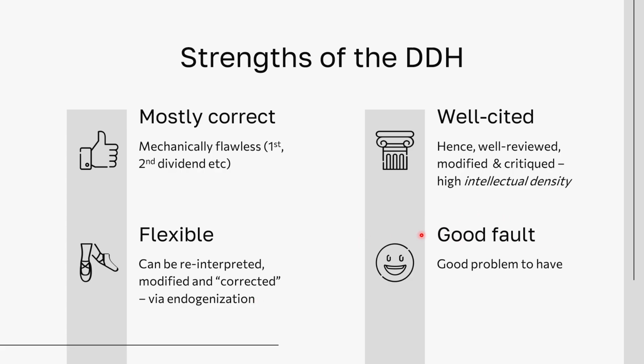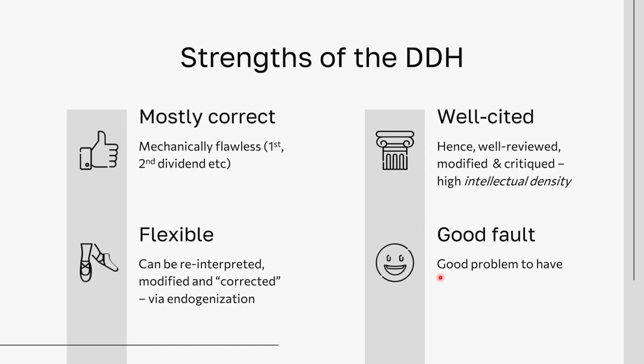Overall, the dividend hypothesis finally has a good problem, right? This is a good problem to have if your model isn't working. A model that is more powerful, like we mentioned. The dividend hypothesis is effectively more powerful and more accurate than the initial authors and many scholars realize, because again, the first and second dividends are guaranteed.